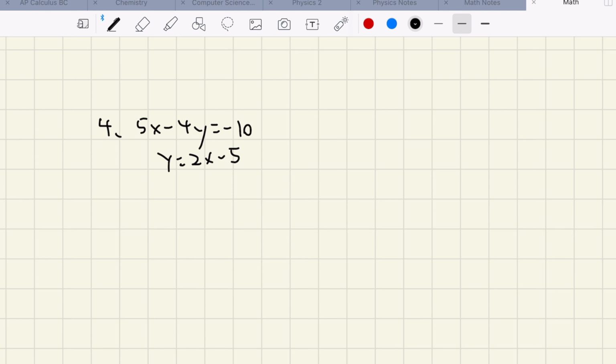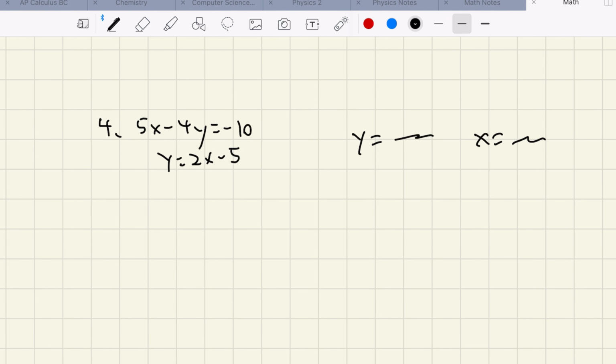Now notice we already know what y equals. It's rather easy to spot the convenient form, because it will be just one variable, y equals something or x equals something. And the hard form is like 5x minus 4y equals something else.